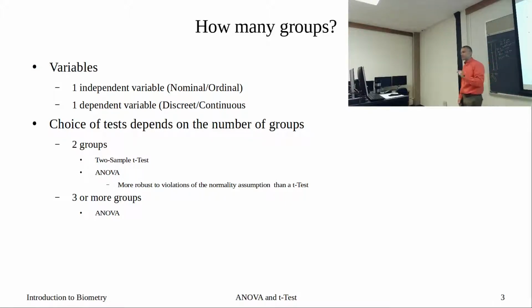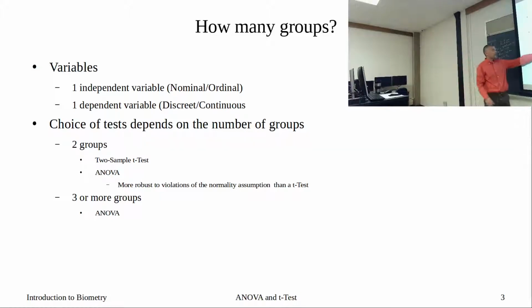If we have 3 or more groups, then we're going to run an ANOVA. Why can't we run a t-test with 3 or more groups? Well, a t-test is only 2 groups, that's all it is. Why can we run an ANOVA with 2 groups? Well, because the ANOVA isn't restricted to saying you have to have 3 groups. ANOVA can have 2 or more groups.